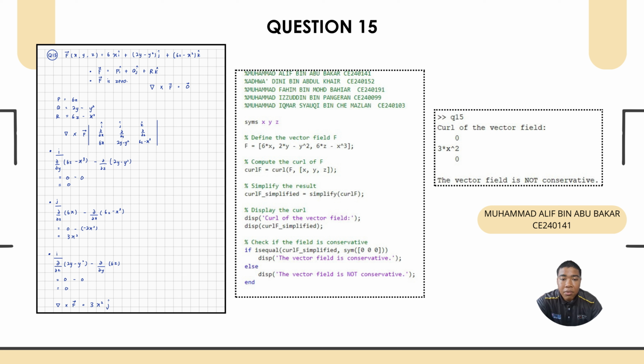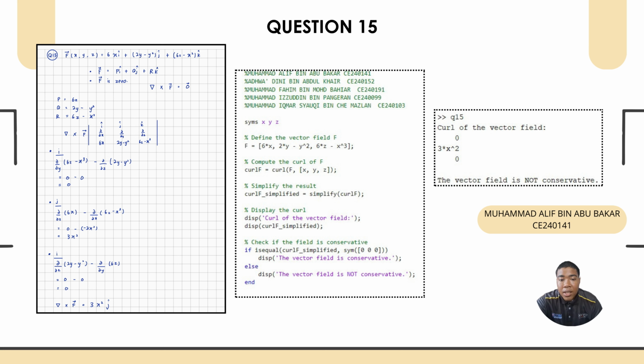The curl is defined as the cross product of the del operator with the vector field F. Computing the curl, the i component is the partial derivative of the k component with respect to y minus the partial of the j component with respect to z, which is 0 minus 0, giving 0.